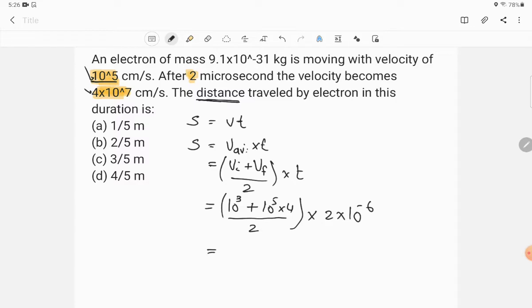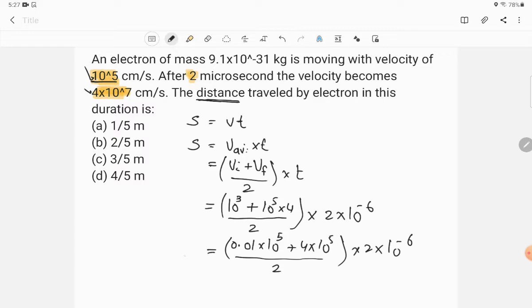So you can write the one as 0.01 into 10 to the power 5, plus 4 into 10 to the power 5, divided by 2, and into 2 into 10 to the power minus 6.